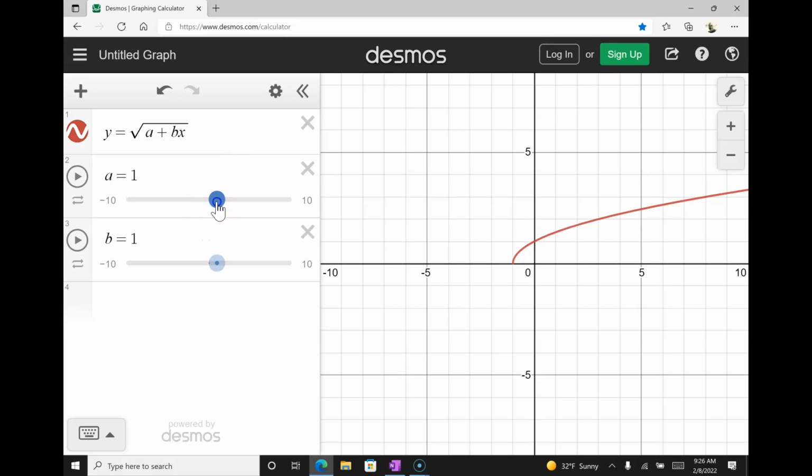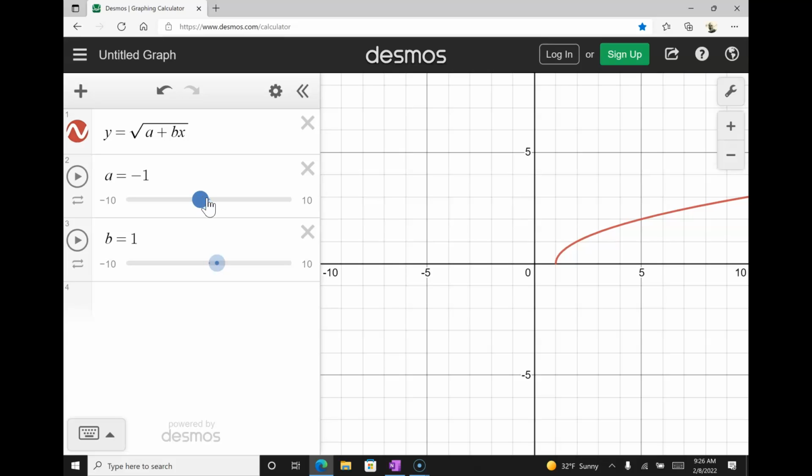And I want to make a 0, and I want to make b 1, yes, right? So there's my square root of x, yes? Don't get too confused by it. But a is 0, b is 1, so it's square root of x, yes? If I let a go to minus 1, right, watch what happens to my graph. If I let a go to minus 1, you see my graph moves right.